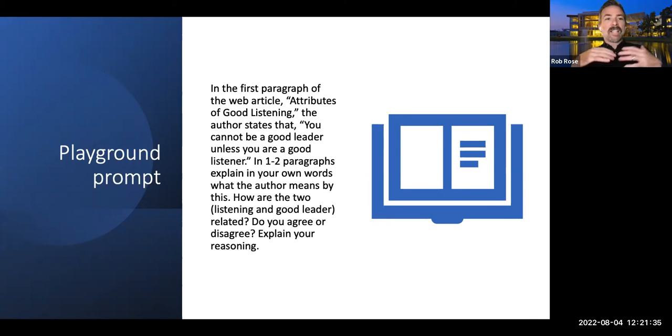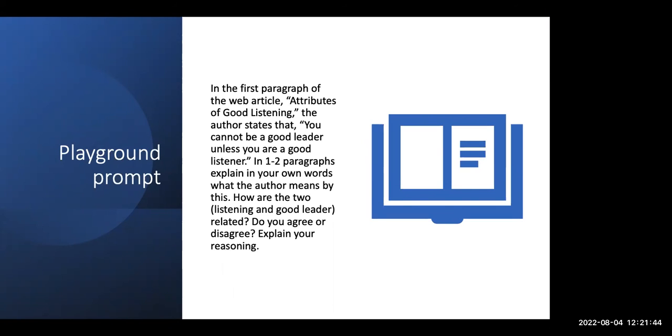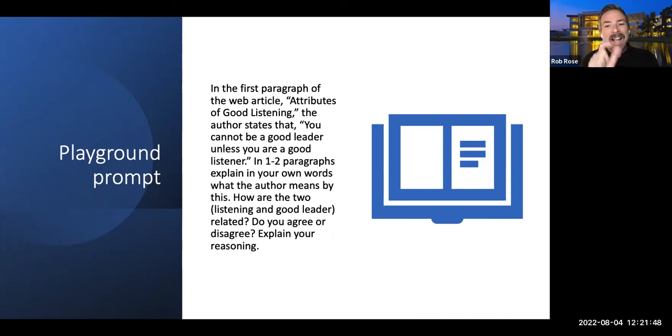So again, this idea of a playground prompt involves students being free to interpret one specific aspect of the material. In this example, it's not focusing on the content as a whole, but just on the specific quote from the reading about being a good listener, right? And so this would be what's entailed in a playground prompt.